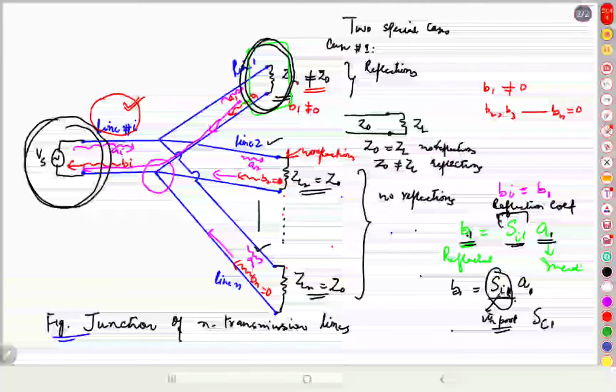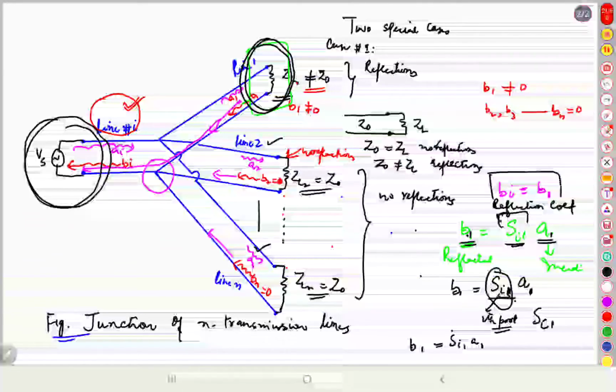So B1 is SI1 A1, and B1 is nothing but Bi, as we have seen that Bi is equal to B1. This implies that Bi is equal to SI1 A1. So this is the first case.